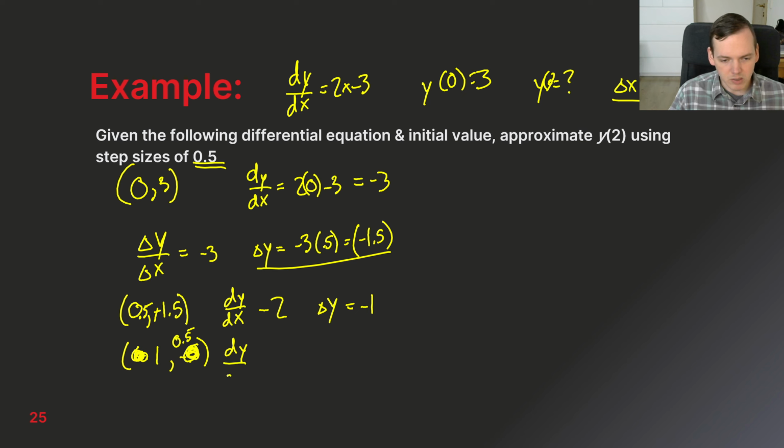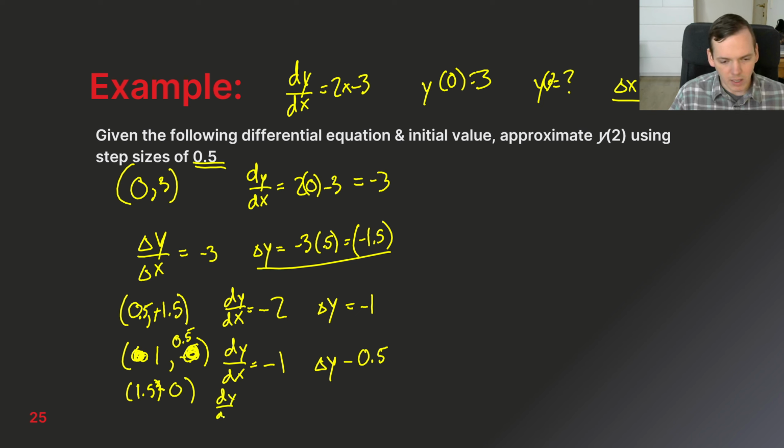Then we've got a slope of, I believe, -1, which means a delta y of -0.5. That gives us 1.5 and, sorry, this is sloppy, 0.